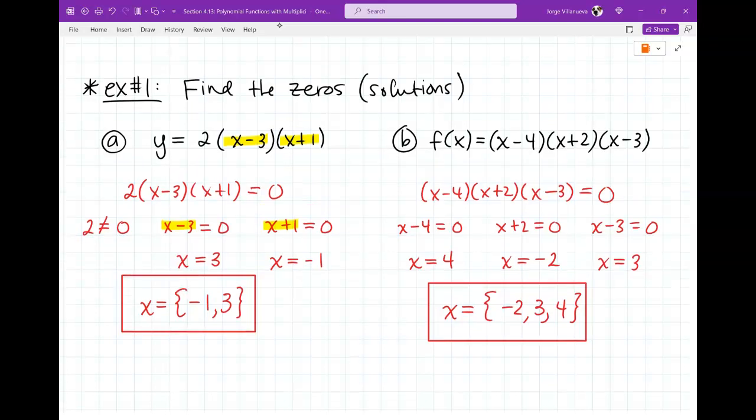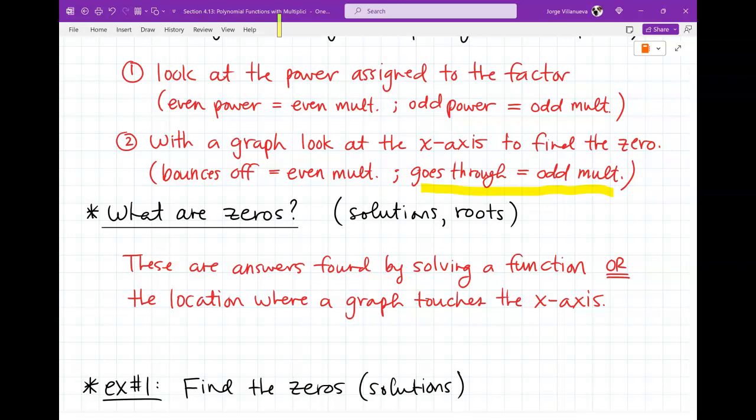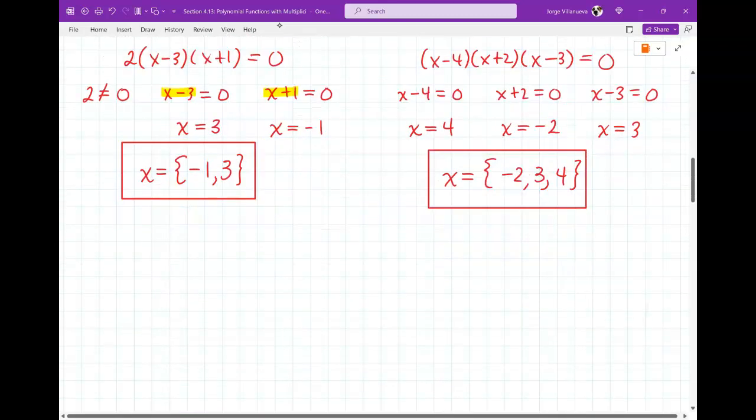How do I know it's going to cross through it? Because if it has odd multiplicity, it goes through. If it has even multiplicity, it'll touch the point and bounce back in the direction it came from. Okay? So you'll see that right now when we get to it. Right now it may not make a lot of sense because we're not doing that.